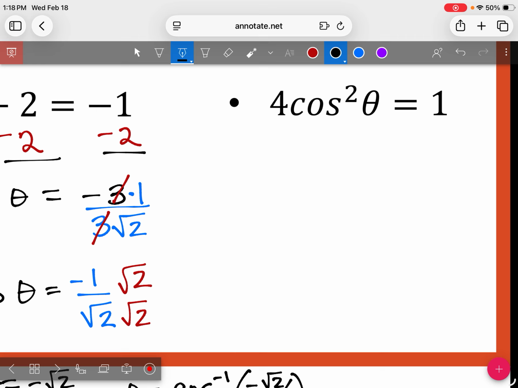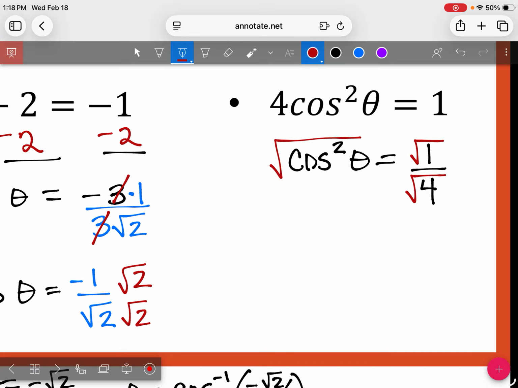So now I have cosine squared equals 1 over 4. How do I get rid of the square? What's the opposite of squaring something? Square root it. So I'm square rooting this and the 1 and the 4. So instead of a cosine squared, I have a regular cosine equals 1 over 2.